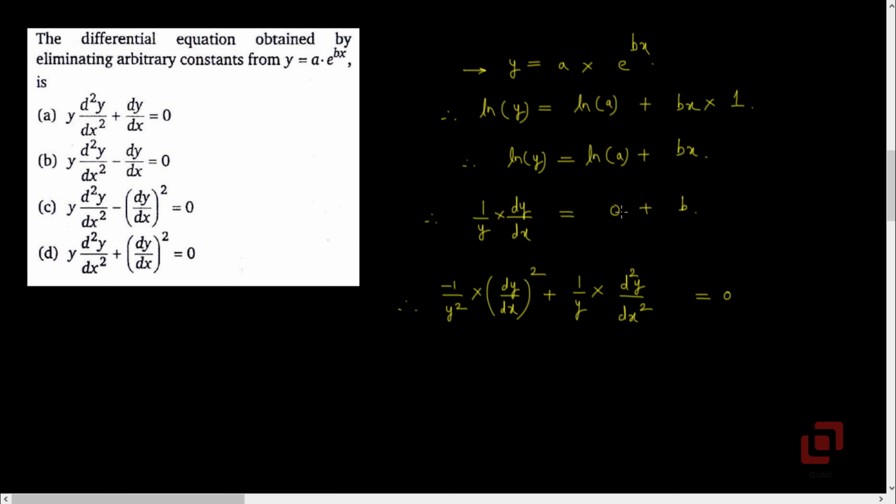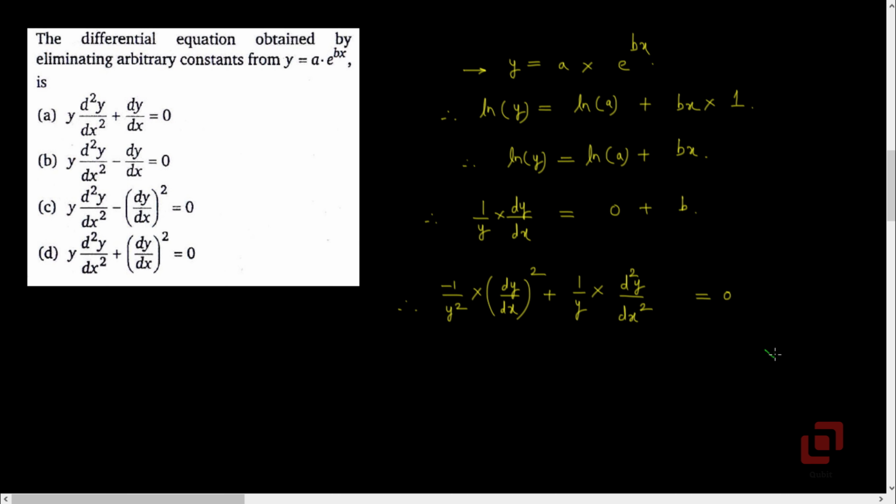So we now have got the differential equation whose general solution is y equal to a into e to the power bx. Let's compare our differential equation with the options. In our case, the coefficient of d2y by dx squared is 1 upon y, and the coefficient of dy by dx raised to 2 is minus 1 upon y squared. However, in none of these options you can see 1 upon y and minus 1 upon y squared.